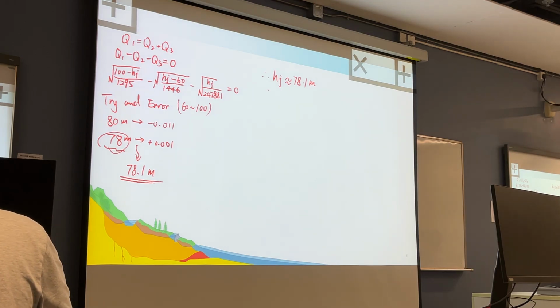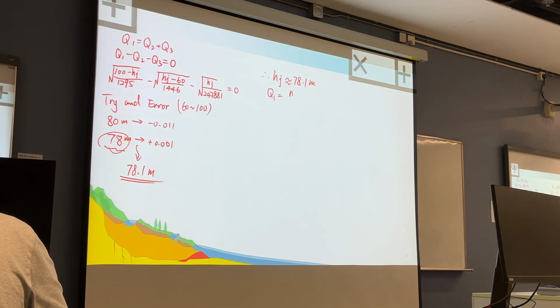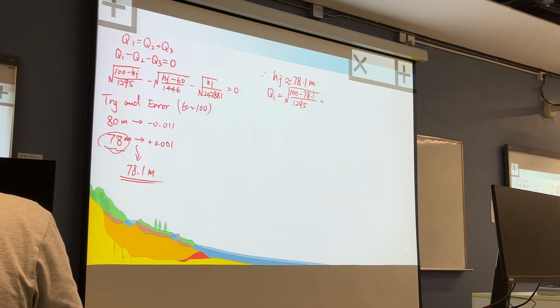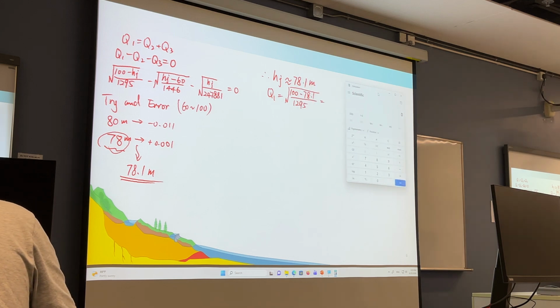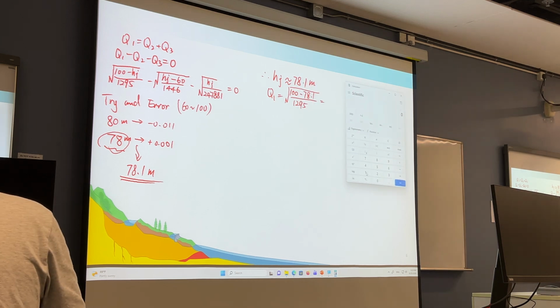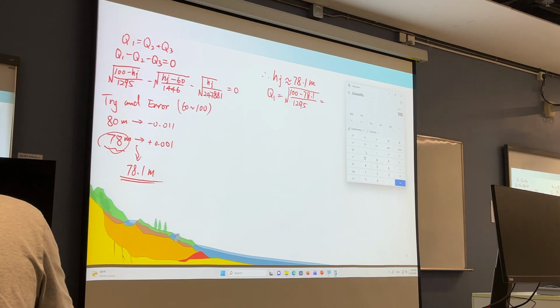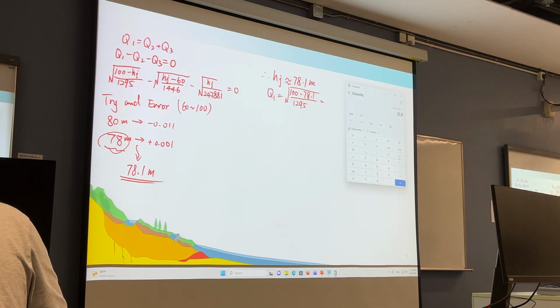Now, so that we can solve that the Q1 is equal to 100 subtract 78.1 over square root 1295. Right, now we can solve that out. 100 subtract the 78.1 and divided by 1295.